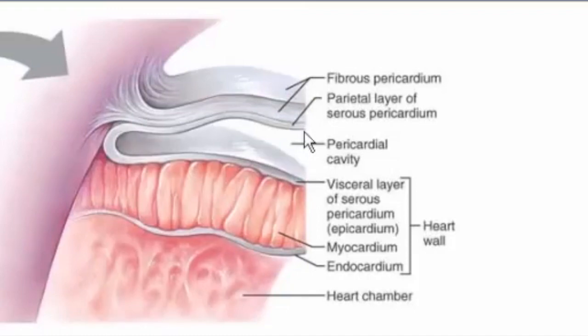So look up here for a second so you can see. Once again, this sac goes all the way around the heart. Comes back up, attaches to it like that. It's not as thick as what I made it look like, you know. And it's got the layers in there. And what kind of fluid would be in here? Serous fluid. And what's the name of that serous fluid? Pericardial fluid.